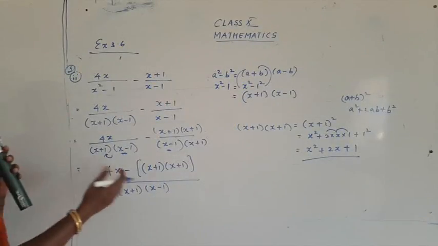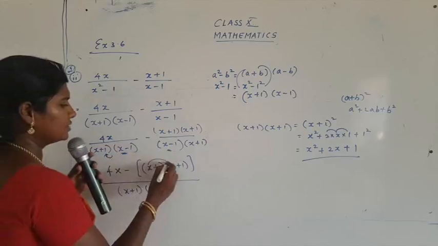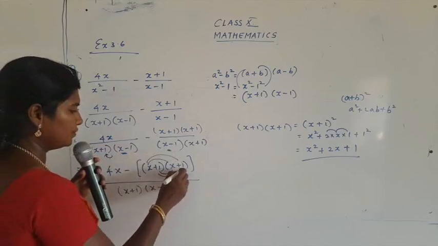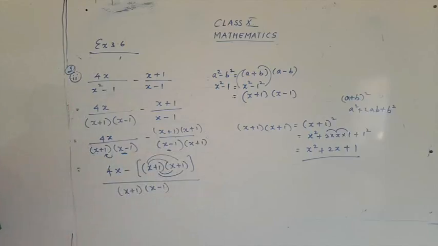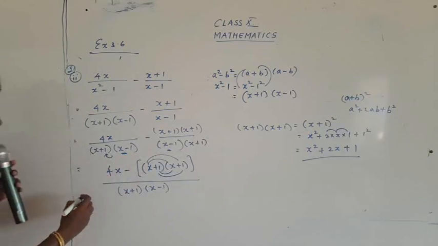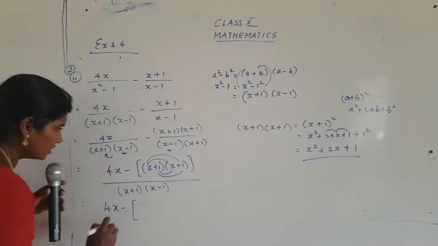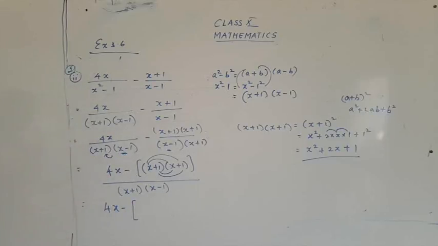Or you can use your normal expansion, like you can go for x into x, x into 1, 1 into x, 1 into 1. So you have two ways of doing it. So I'll be doing the normal expansion over here. So 4x minus, do not remove the bracket. Bracket is very, very important, since a minus sign is present before the bracket.